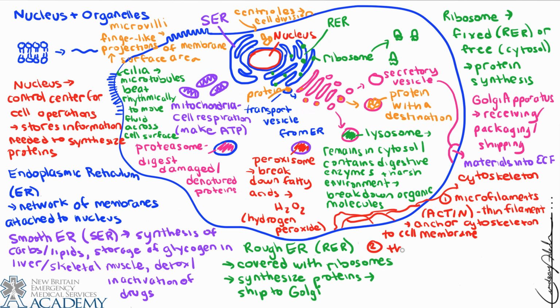Next, we have thick filaments, also called myosin. Myosin is another protein, and in muscle contraction, actin and myosin interact. And so we'll spend a lot of time talking specifically about actin and myosin. There are also intermediate filaments that are responsible for strengthening the cell.